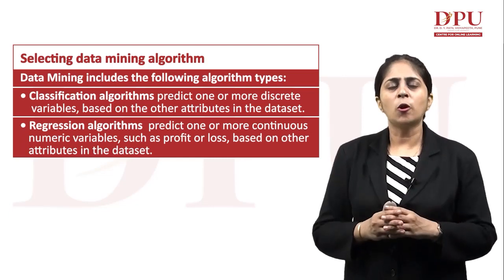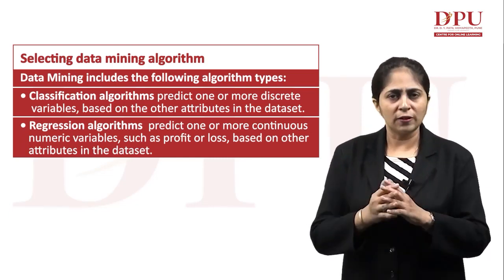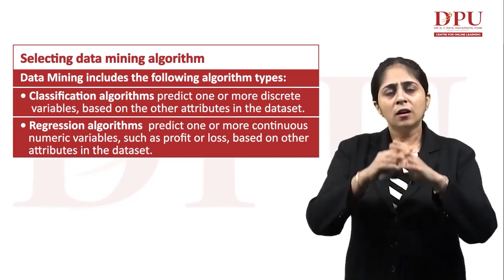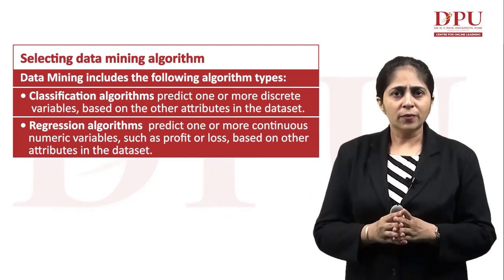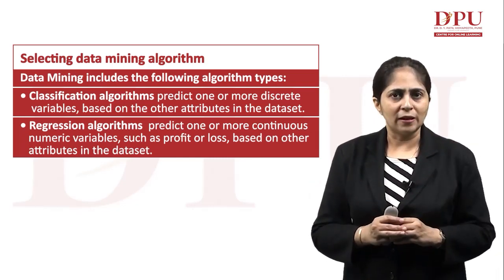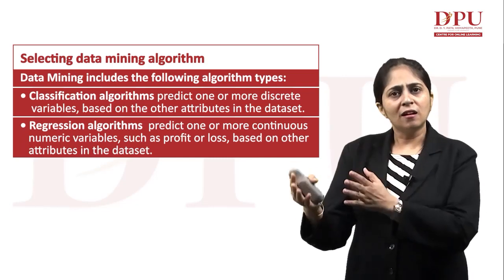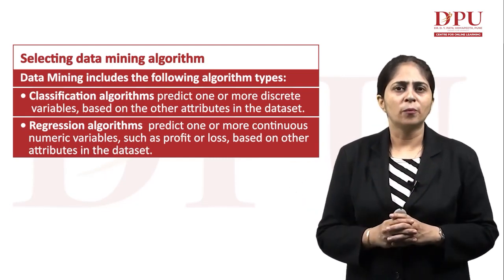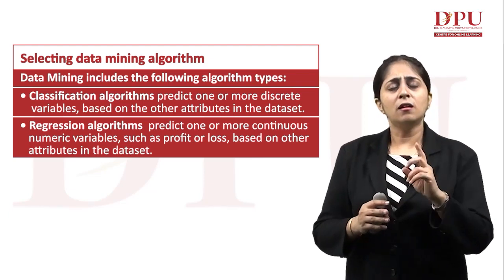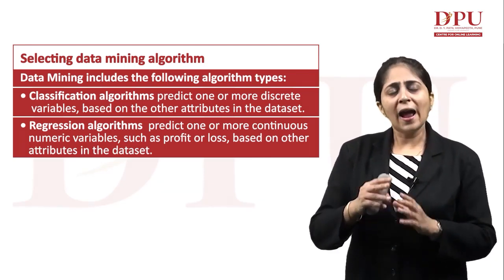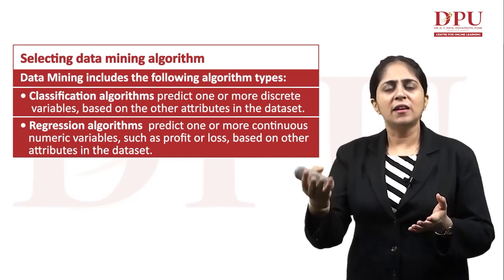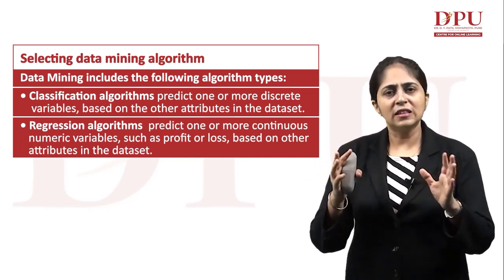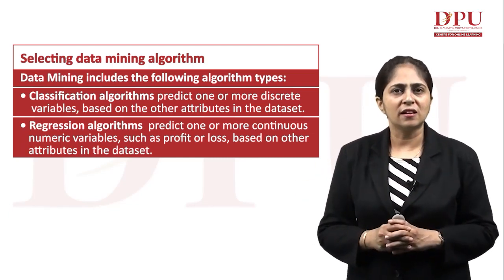Like if we talk about the profit or loss of a company, if you know the total and you know the profit obtained, you can definitely work out the loss that the company has incurred. One variable is known, and depending on that, the other variable can be found out. So in those cases, we use a regression algorithm.